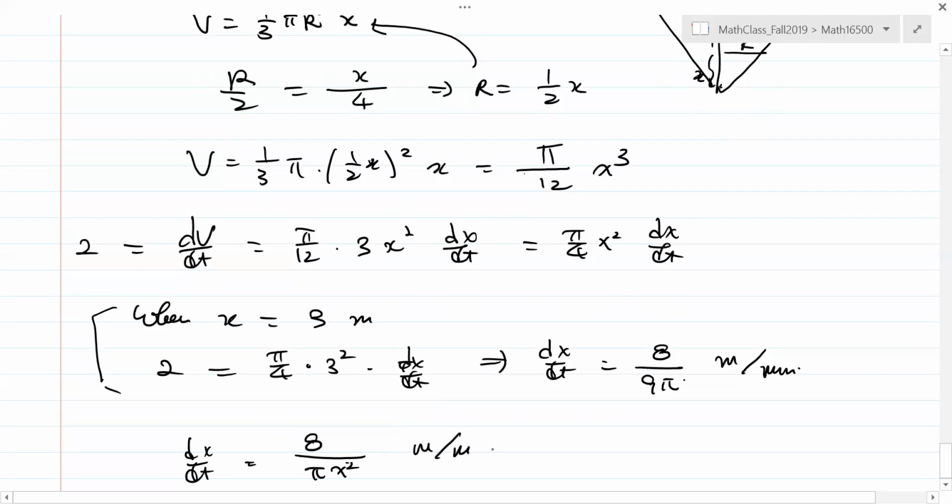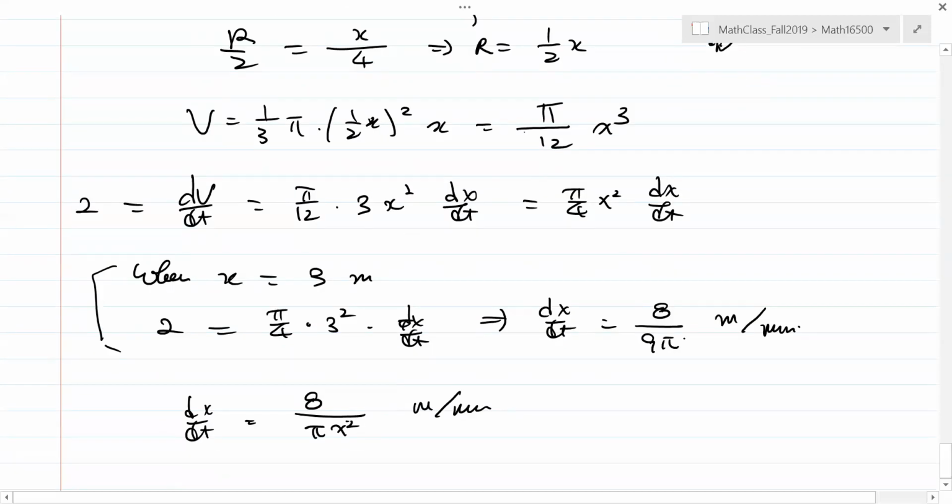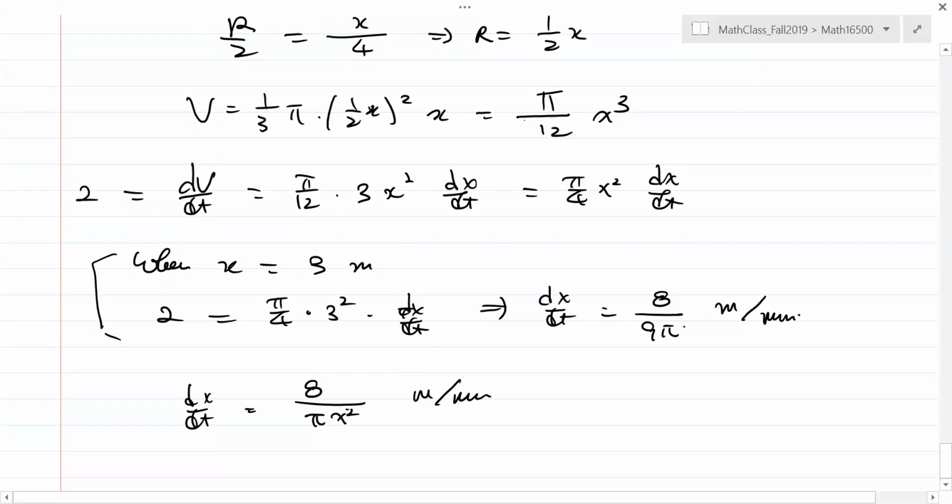And you see that when the water is getting deeper and deeper, the rate at which the surface level increases is slower and slower, because it's divided by x squared. When x squared is getting larger, this number is getting smaller and smaller.